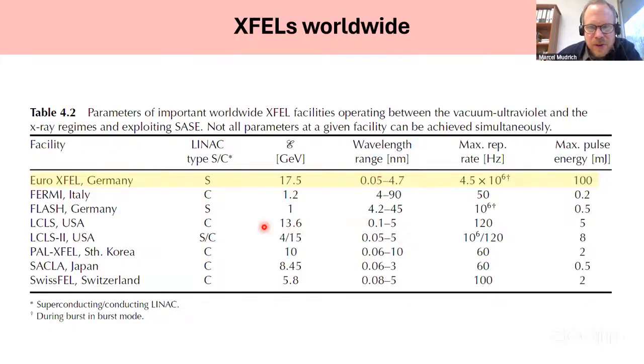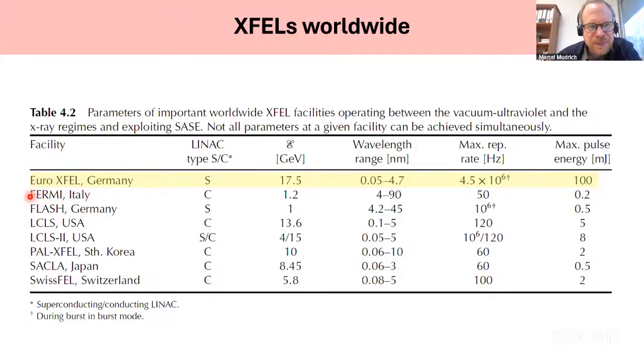The only comparable XFEL is LCLS in the US, but the pulse energy stays below what is reached at European XFEL. And there's SACLA, there's SwissFEL, there is FERMI in Italy, which is more an EUV and soft X-ray FEL. Here the wavelength is quite much longer, but FERMI has other very interesting advantages compared to these FELs we have been talking about.